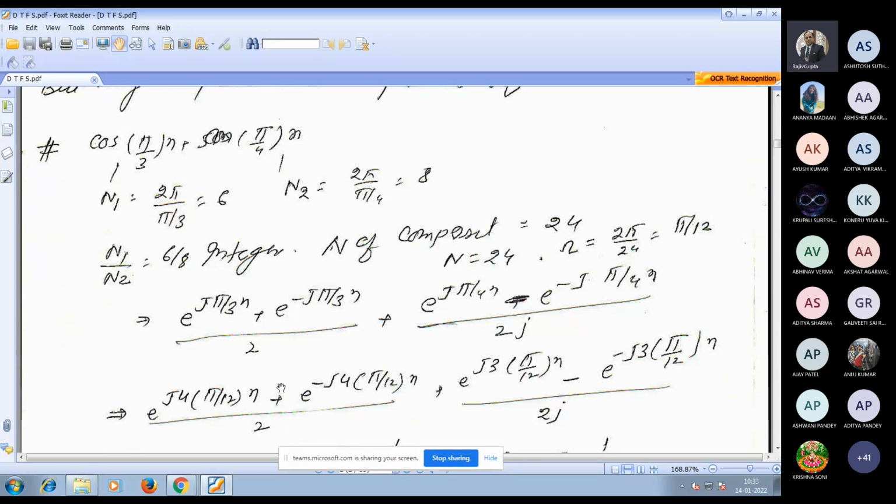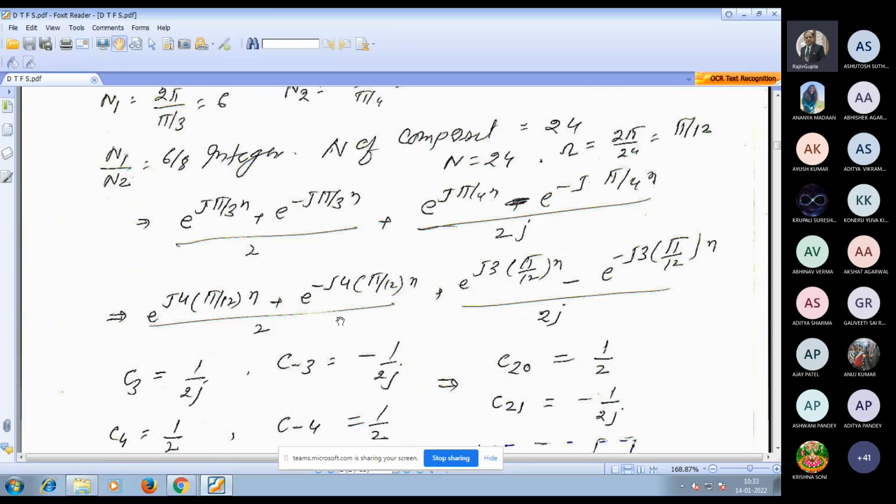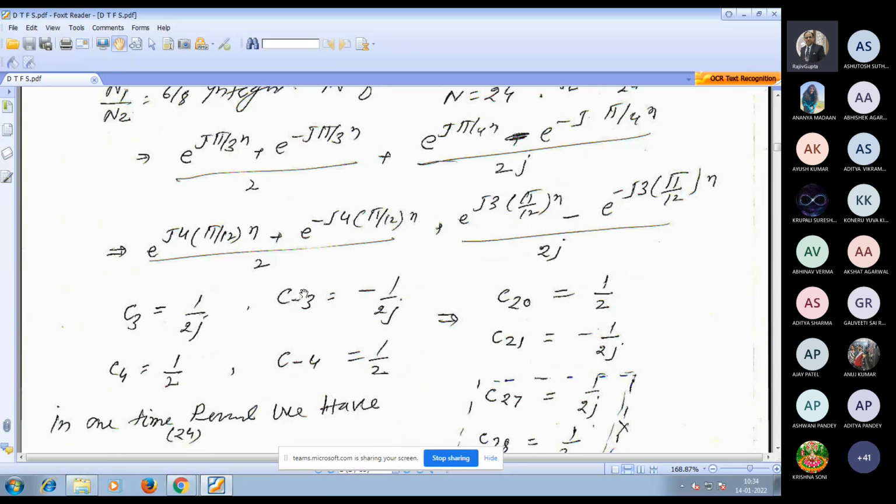By knowing the value of omega, that is pi by 12, we will easily be able to know the coefficients if you compare with the original equation. So we have certain Fourier series coefficients, that is C3, C minus 3, C4 and C minus 1. These are the Fourier series coefficients by which you will be able to explain the periodic signal.